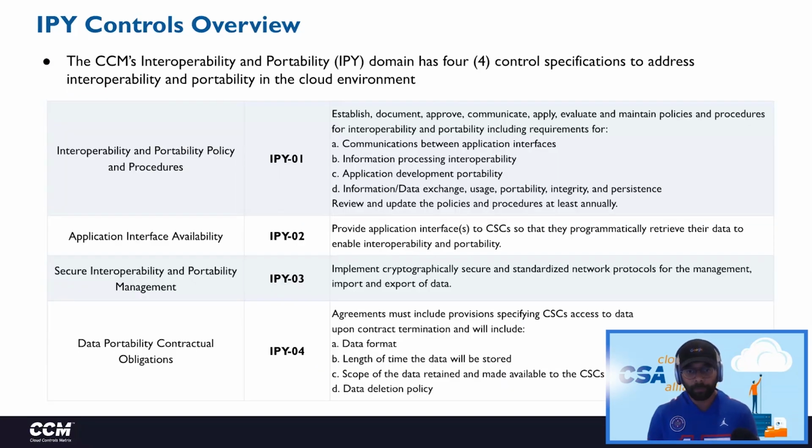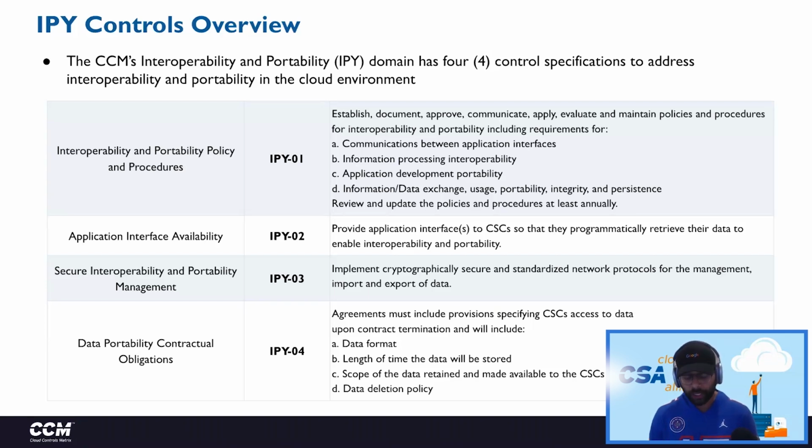The CCM IPY domain consists of four control specifications to address the inherent risk of vendor lock-in. The first one is around IPY policies and procedures. Each cloud service provider and each cloud service customer should have established, documented, approved, and well communicated policies and procedures that fulfill the requirements around communication between application interfaces, information processing, interoperability, application development portability, and information and data exchange.